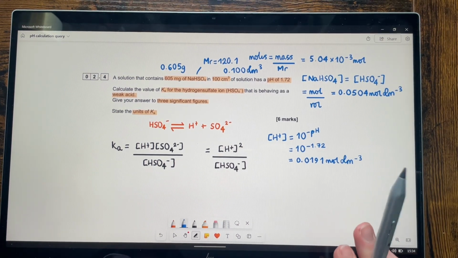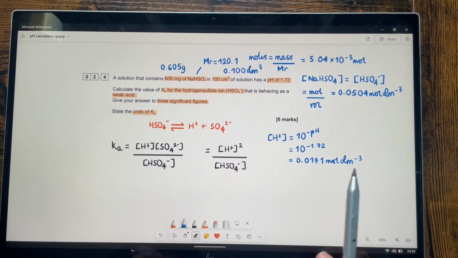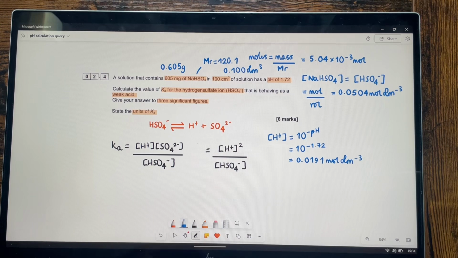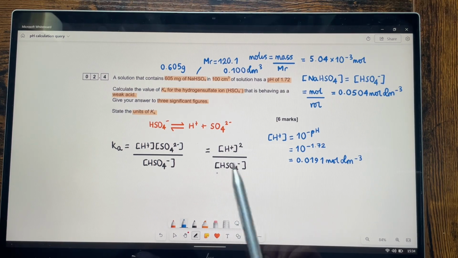Now, in every weak acid calculation that you've probably seen up until this point, if this was the nature of the question, working out a value for the Ka constant for a particular weak acid, you would sub in the H+ concentration and square it, and then you would just sub in the concentration of the weak acid into the bottom part of our fraction.